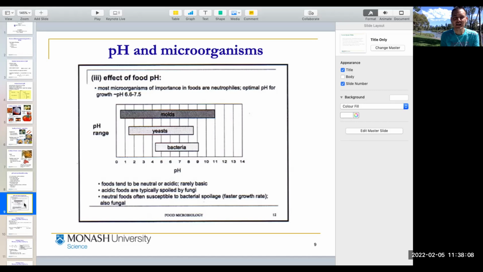Those are the two slides I wanted to cover on the chemistry and microbiology of the use of the intrinsic food preservation mechanism, pH, in how you can preserve your food products.